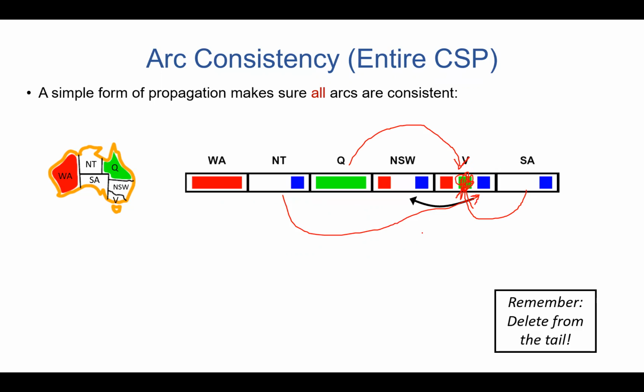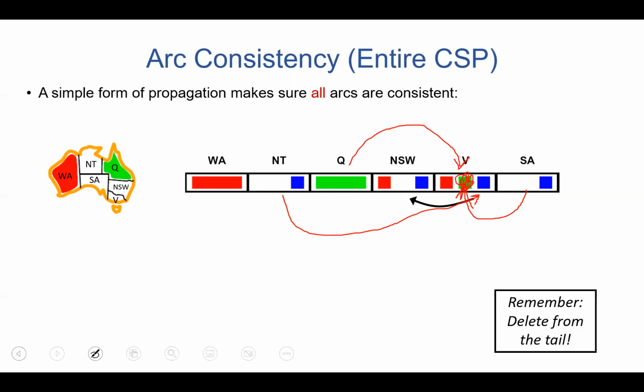Because we have removed a value, that might have impacted the neighbors of V again. So we are doing it over and over for each variable. If we are doing any deletion, we're going to have to go back to the neighbors of the variable again.